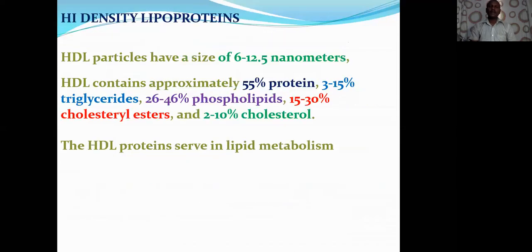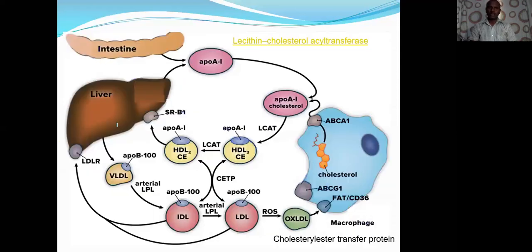And that also we discussed what is the difference between HDL and LDL, and how the HDL and LDL metabolizes, and what is the main function of LDL, and what is the main function of HDL. And LDL, we have seen that it transports cholesterol or cholesterol esters from tissue to the liver, where it gets metabolized and excreted.